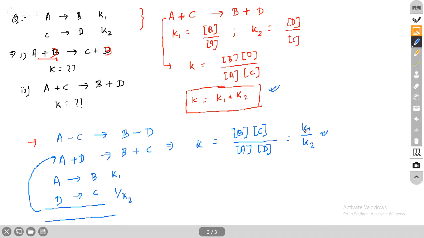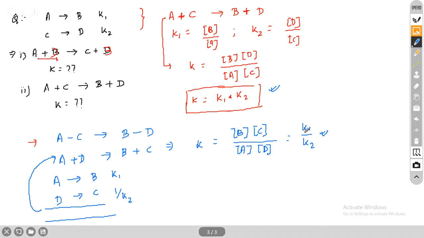Now to sum up this discussion, whenever we are adding two or more reactions, the equilibrium constant of the final reaction will be the product of the equilibrium constants of the individual reactions which we are adding. Second point: when we are subtracting, the equilibrium constant of the final reaction will be the ratio of the equilibrium constants of the individual reactions.